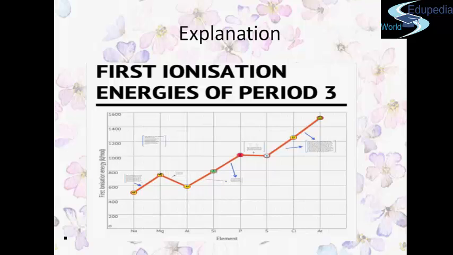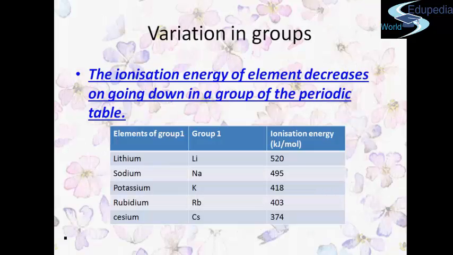So friends, now let's understand why we have a variation in ionization energy in groups. We know that the ionization energy of the elements decreases on going down a group of the periodic table. Let's take an example of the elements of group 1.